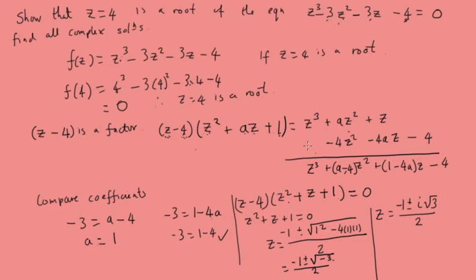So we've got a degree 3 polynomial, and we've got 3 roots. z equals 4 and z equals minus 1 plus or minus i root 3 over 2. And because we've got z and its complex conjugate, that is the answer.